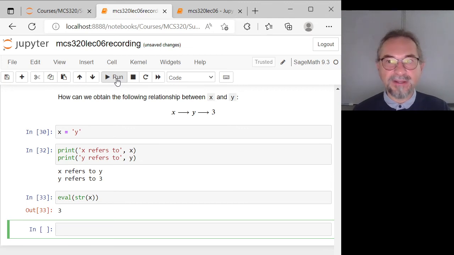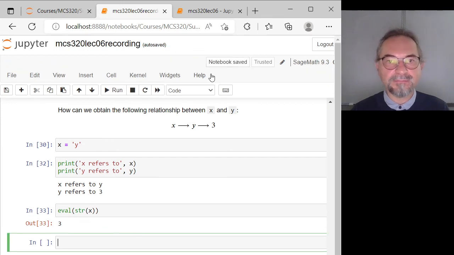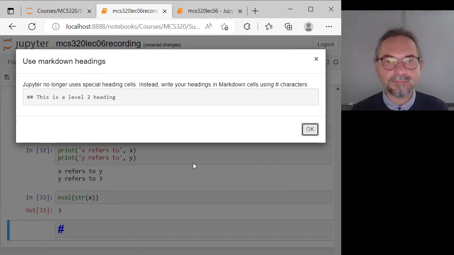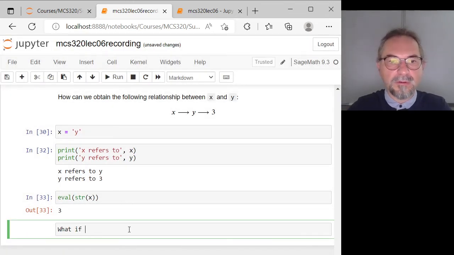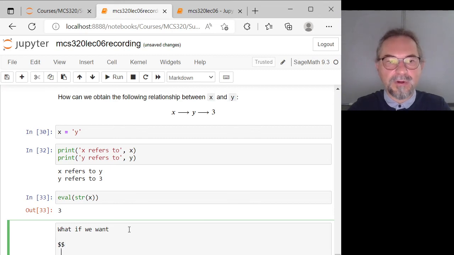Okay, so one extra thing. So I still have time. I can still run to the full 40 minutes. What if I want the following? So I will now have z refers to x, while x still refers to y, and y refers to 3.